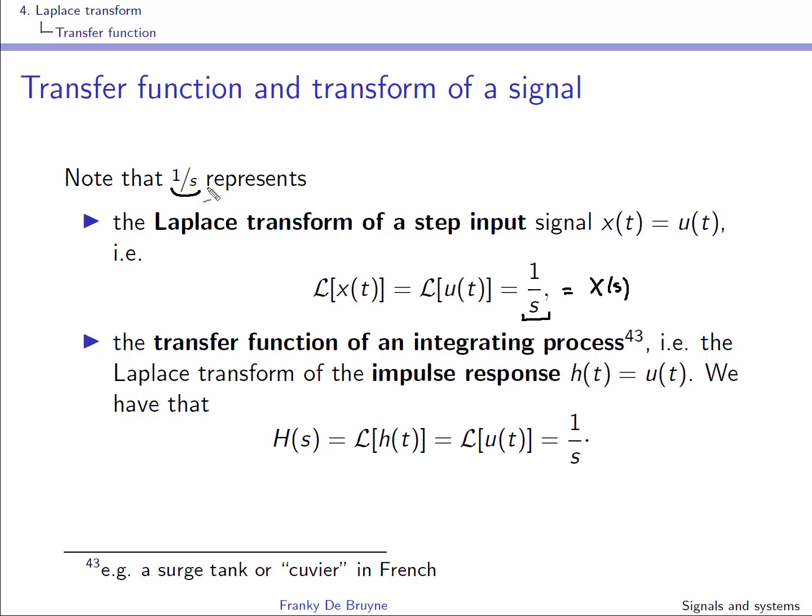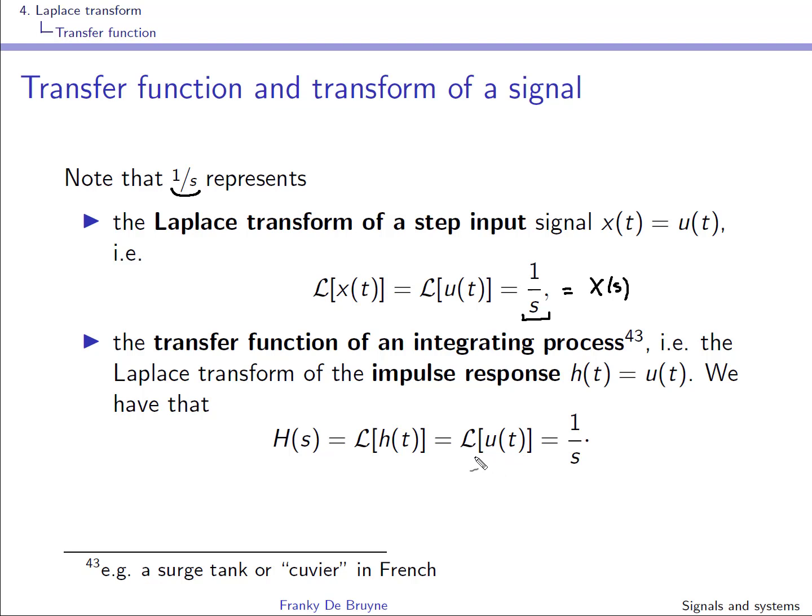But 1 over s could also be the transfer function of a system. If h of s is 1 over s, it means that this h of s is the Laplace transform of the impulse response, and it means that this impulse response must be a step.